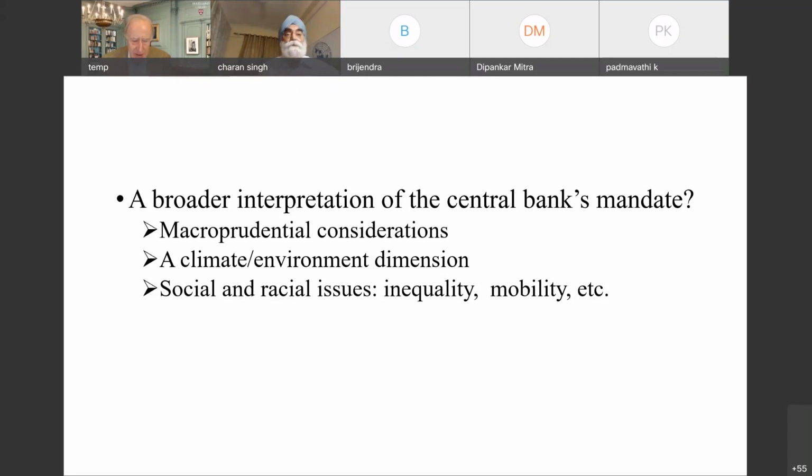And then finally, beginning with Janet Yellen, but now continuing under Jay Powell, there is a notion that the Federal Reserve ought to take account of social and racial inequalities and issues of mobility in our economy.